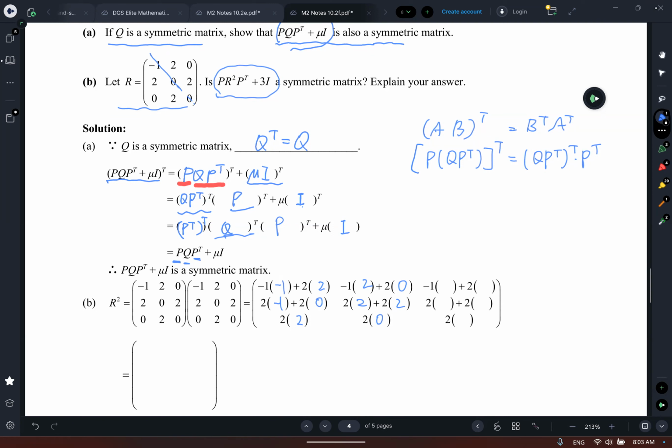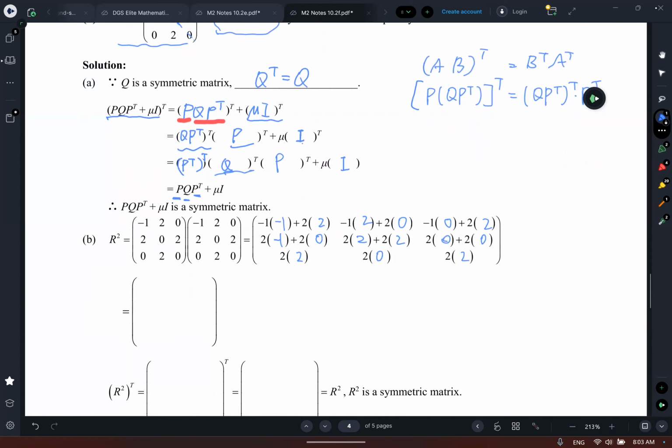This one is -1 times 0, 2 times 2. The last one is 0, so I don't write it. This one is 0, 0, 0. And the last one is 2 times 2.